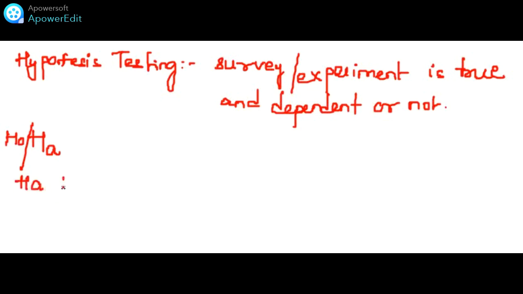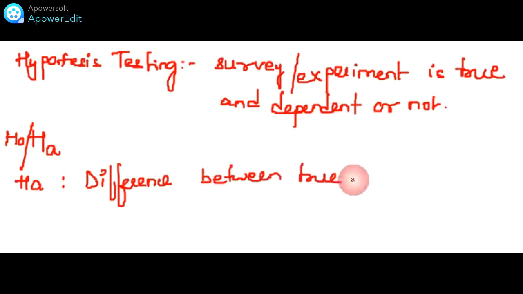The alternate hypothesis assumes that there is some difference between the true mean and the comparison value, whatever value we are comparing with, the control group and the experimental group.